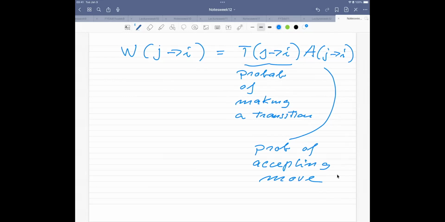Still, you don't have any idea of what these probabilities are, right? And this is where the principle of what's called detailed balance kicks in.